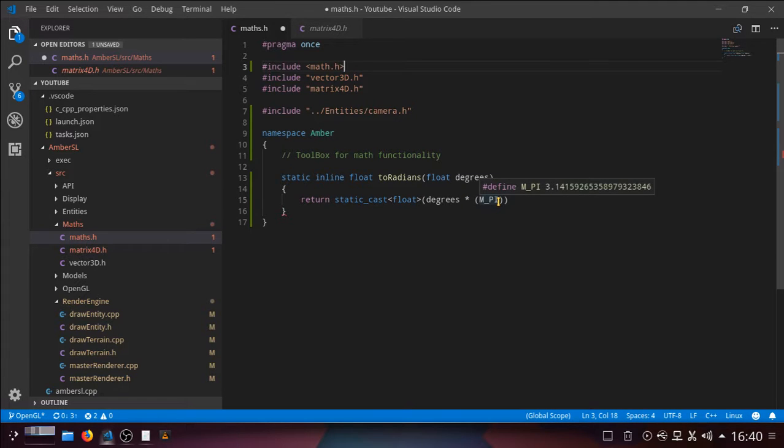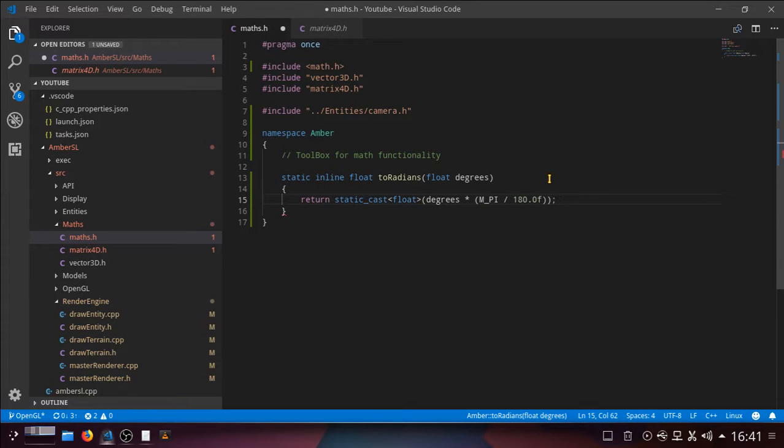It's a hash define for pi to 3.141592653589793238846, and that's the number that it puts in there. There you go. It's just a hash define. That's all it is. Nothing spectacular. And to go from degrees to radians, we just divide pi by 180.0f. We can close and semicolon.